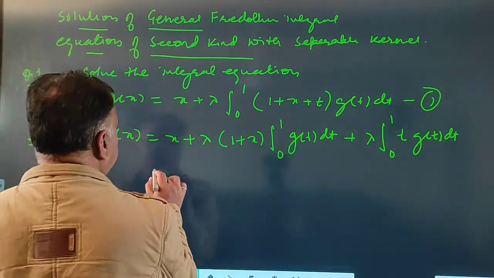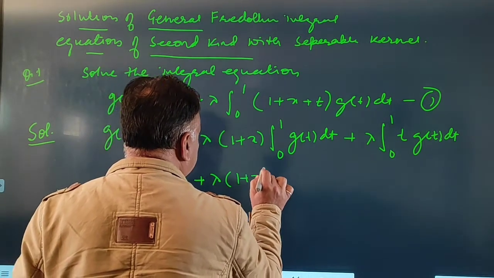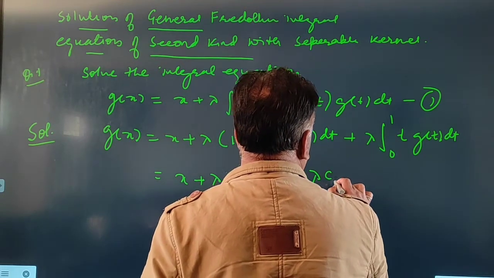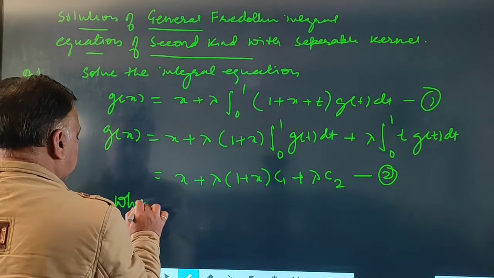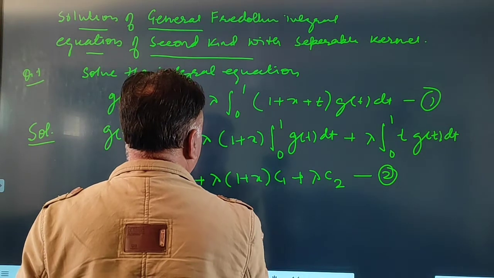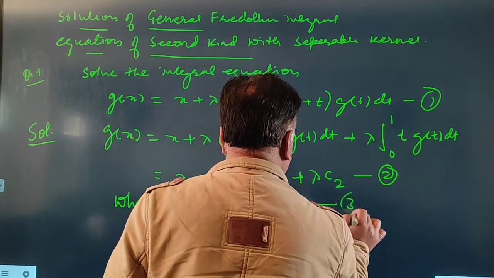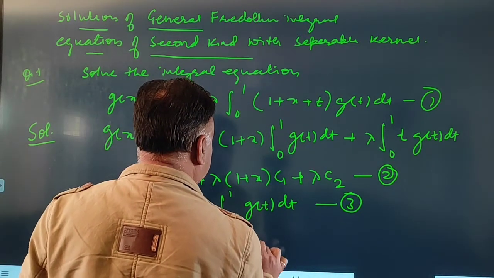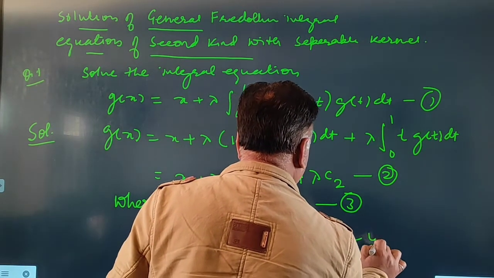This can be written as x + lambda (1 + x) c1 + lambda c2, where c1 is the integral from 0 to 1 of g(t) dt, equation number 3, and c2 is the integral from 0 to 1 of t g(t) dt, equation number 4.